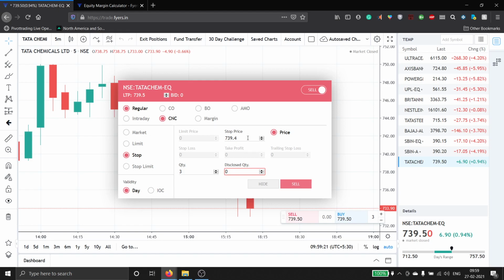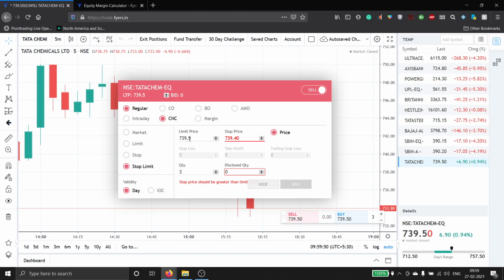If you go to limit and want to sell at 739.4, it won't allow you because the current market price is 739.5. But in stop you can put a lower price and set up this order. So this is a stop loss to your previous order. You are setting it up by yourself.